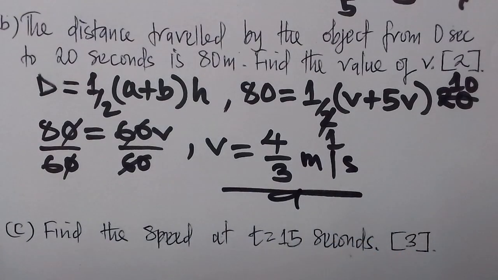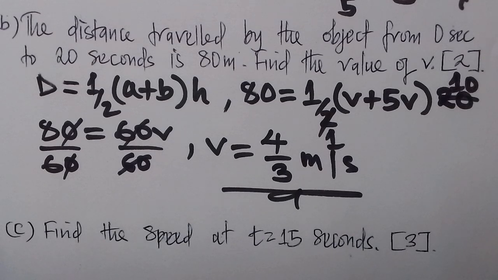So this is V, 4 over 3. As a decimal, this is just 1.33. Okay, rounded off to 3 significant figures, it's just 1.33. So then, working out the next part, C, find the speed at t equal to 15 seconds.